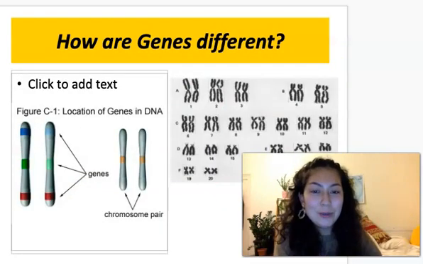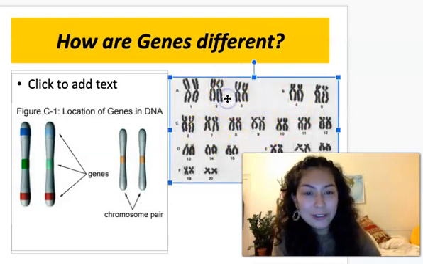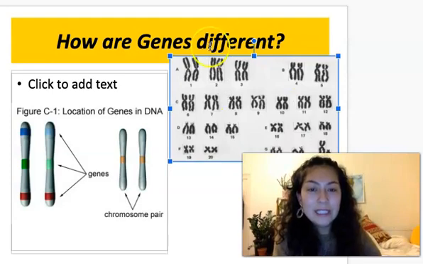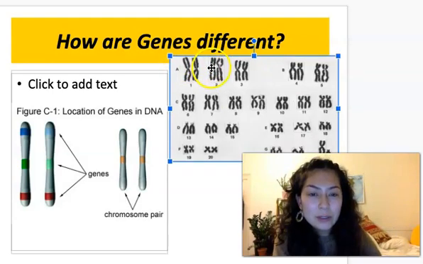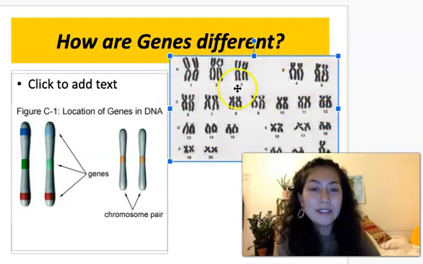Okay, so how are genes different? If we look at this here, this is a human karyotype, so I guess the picture of our chromosomes. Within each one of these chromosomes, at each different point, each of those genes code for a different trait. So across our entire human genome here, there's 21,000 genes, each coding for something different.